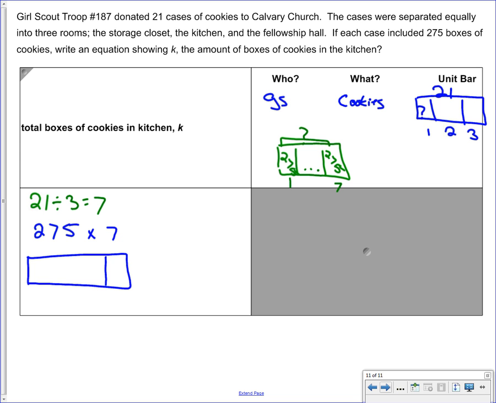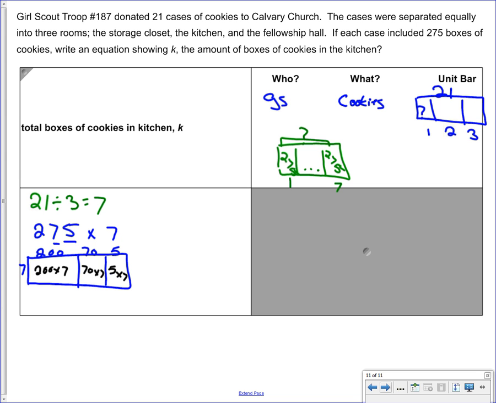I've got 5 right here, 70 there, and that means this big piece right here is 200. Okay? So that's right, 200 times 7 there, 70 times 7 there, and 5 times 7 there.